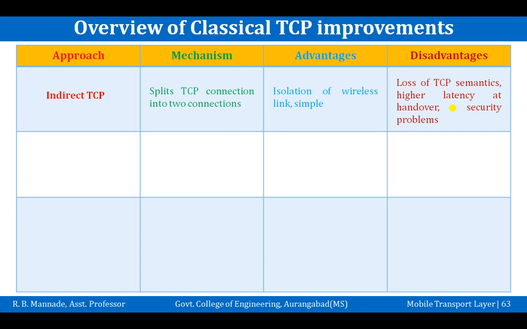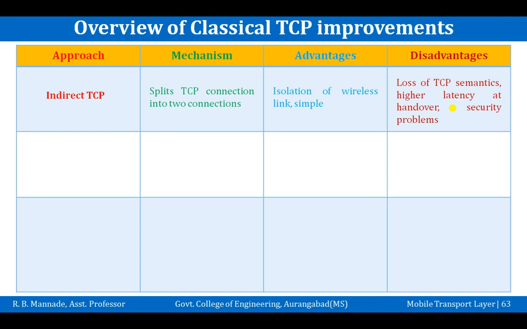Here the foreign agent acts as a proxy for the mobile node and the correspondent node, and if that proxy crashes, there is no reliable delivery of the packets from the correspondent node to the mobile node and vice versa. That's why this technique has a loss of TCP semantics.